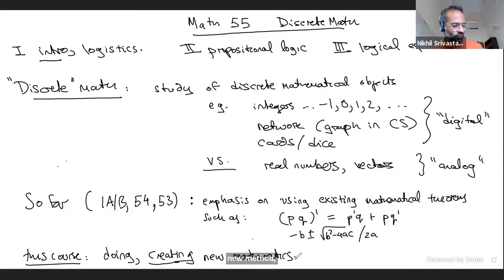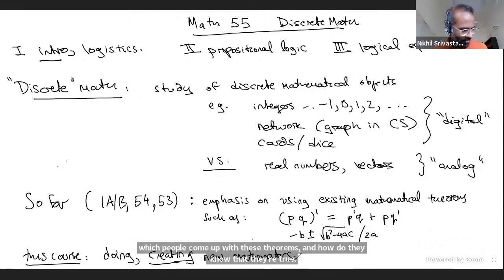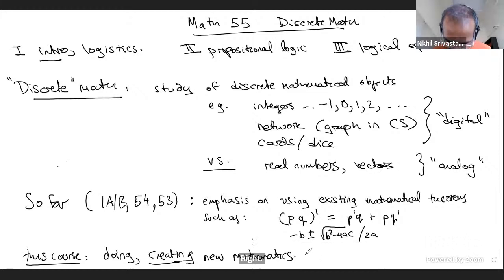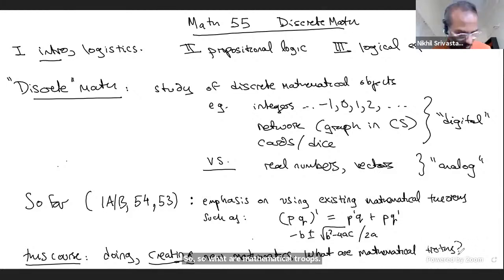By that I mean, what is the process by which people come up with these theorems, and how do they know that they're true? So what are mathematical truths, and how do we establish them?